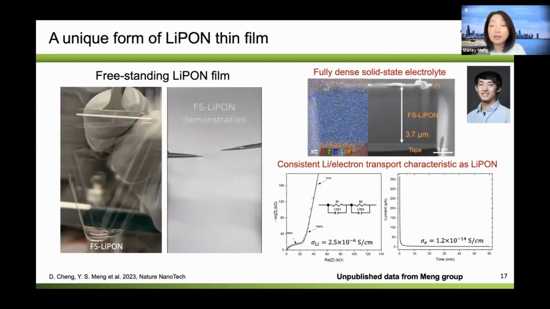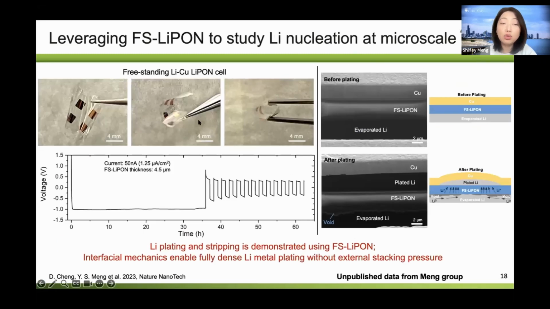So with that, we then use this film to do some things that are also quite relevant to today's effort in enabling anode-free cells. So we build this kind of architecture to enable the lithium stripping and plating without any external stacking pressure.